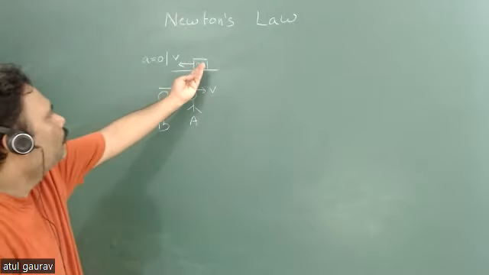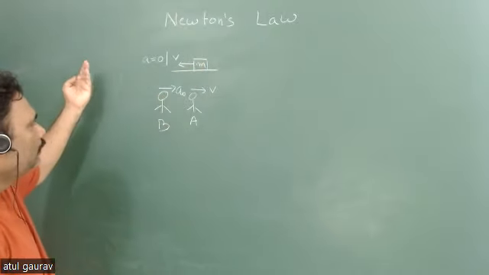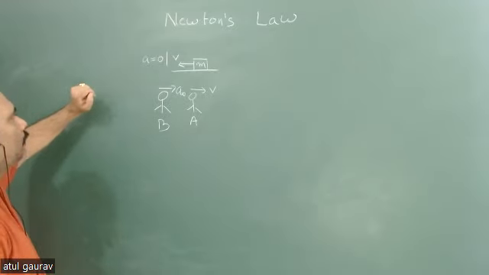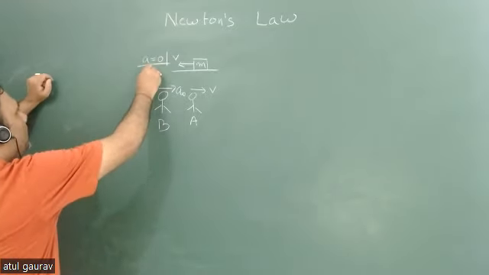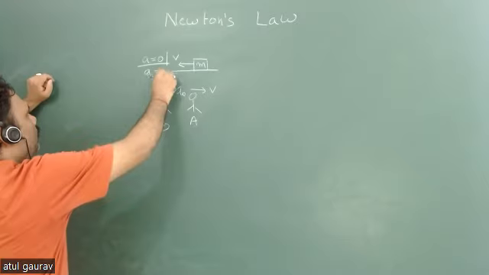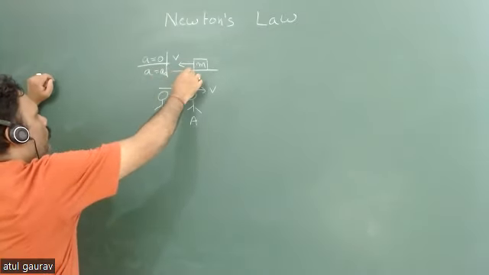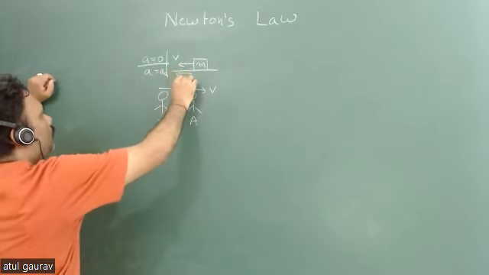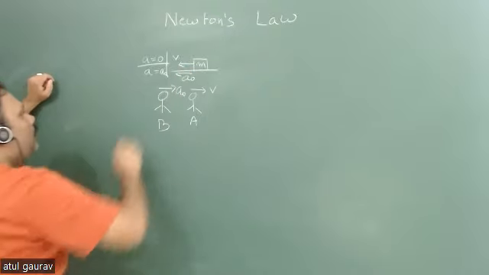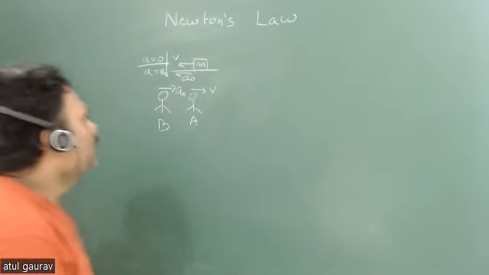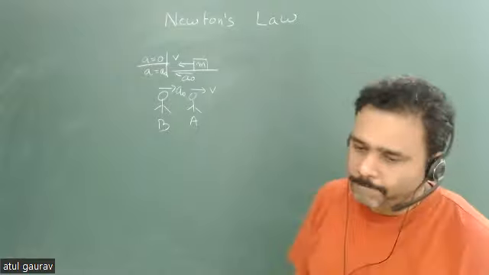It will appear to move towards left with what acceleration? a0. Here your a is equal to a0, because it appears to move with acceleration a0. Now the thing is very interesting.